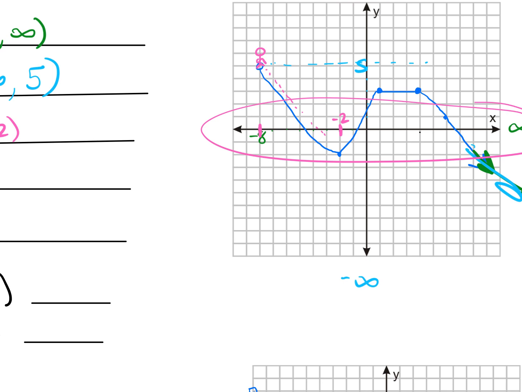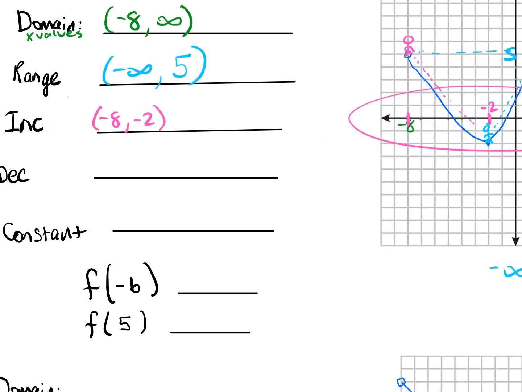Then I start increasing here. Start walking uphill. So I'd be walking uphill from what to what? -2 to 1. Perfect, because our x value here is at 1. You're only looking at the x values for increasing, decreasing, and constant. So from -2 to 1.